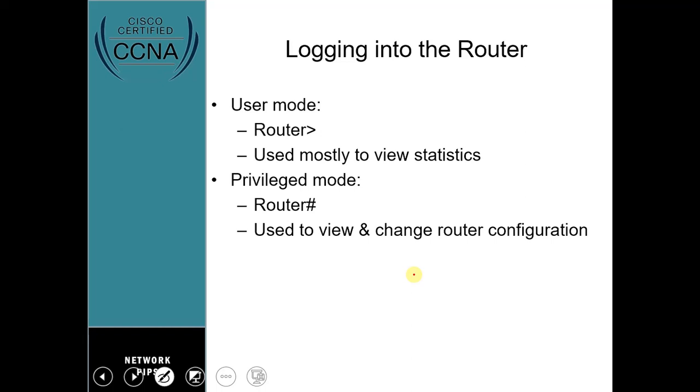Here you can view statistics, you can also make changes to these devices, but this mode has been deprecated. So we now have what they call the global configuration mode.